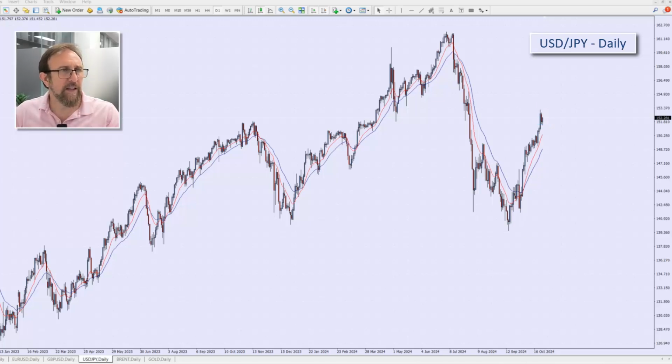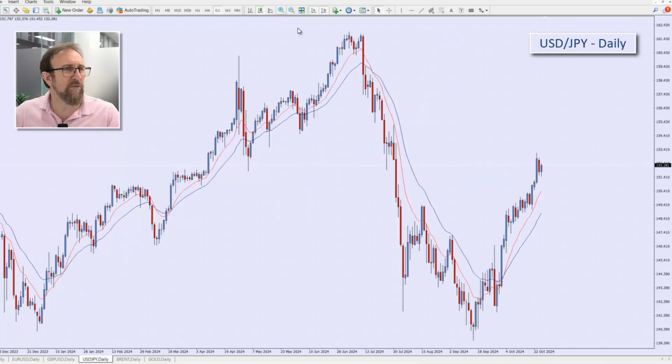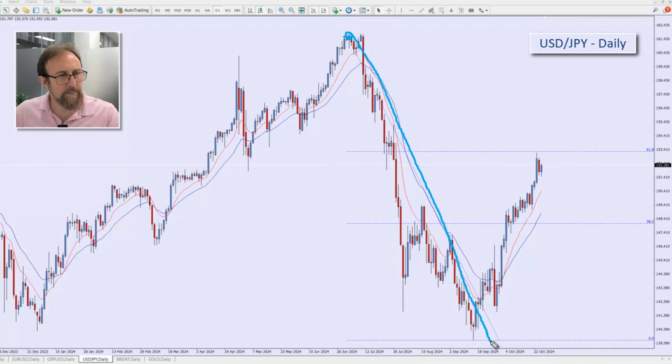The only thing that I can think of, which I don't really talk too much about in this class, is this. I've just done a Fibonacci retracement, and basically from there all the way to there, the market has retraced, believe it or not, right on the Fibonacci number 61.8.